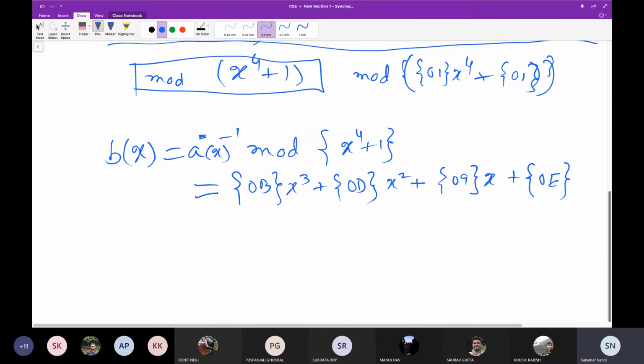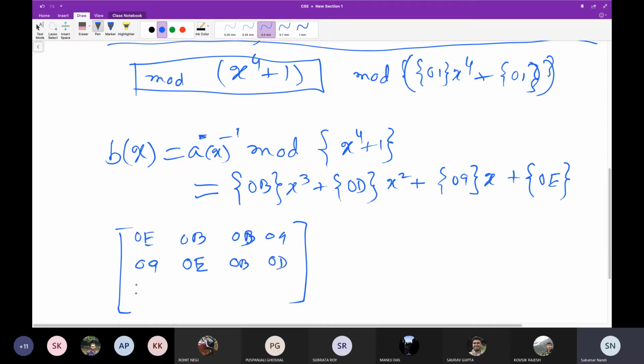I forgot this discussion last time. So the inverse matrix which we have to use for mixed column will become like this: 0e, 0b, 0d, 09, then 09, 0e, 0b, 0d, then 0d, 09, 0e, 0b, then 0b, 0d, 09, 0e.